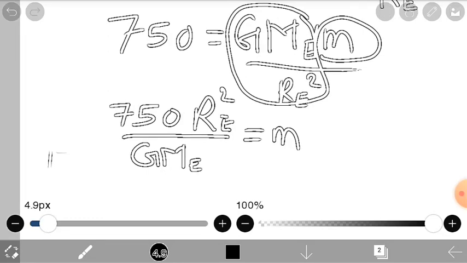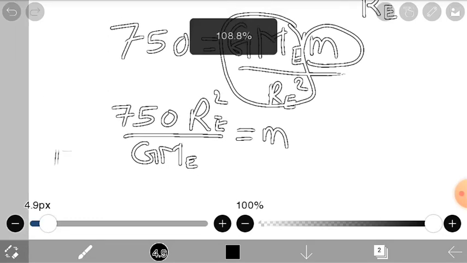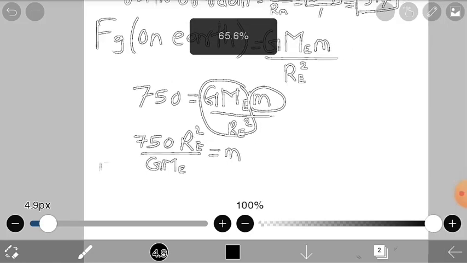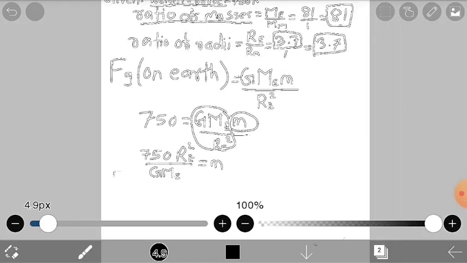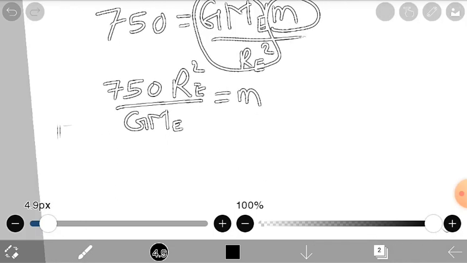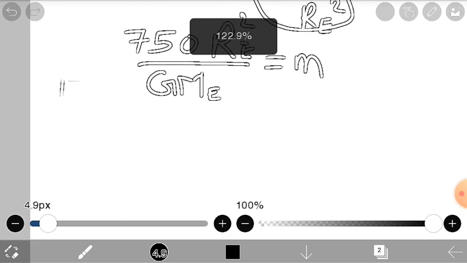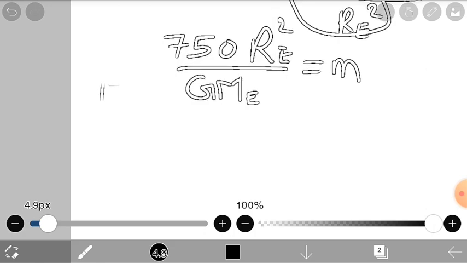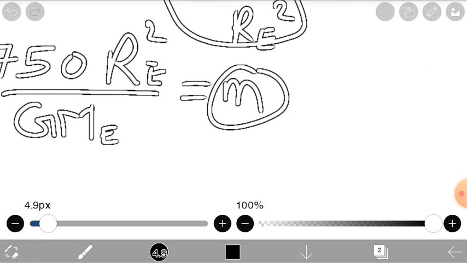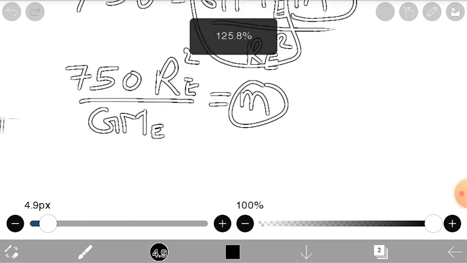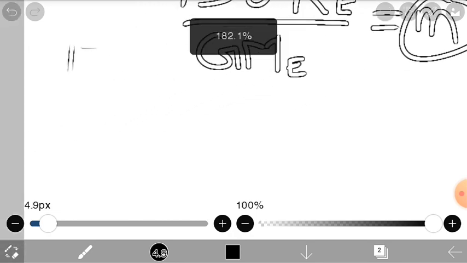So this m, the value of m, is the same everywhere in the universe, as we have seen in the video. The mass is the same everywhere in the universe and weight is a force on the mass. Therefore this mass will be equal on moon and on earth also.